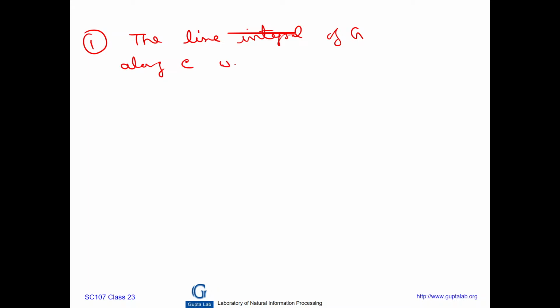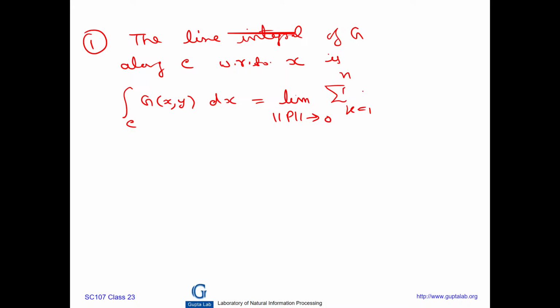So first definition: the line integral of G along C with respect to x is defined as the limit, as this goes towards 0, of the summation k is equal to 1 to n, G of xk star, yk star times delta xk.